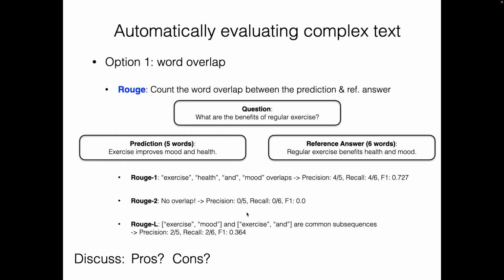It's also not robust to word order, and it gives equal weight to all the words, but some words are naturally more important. Yeah, that's good too. So equal weight to all the words, and it's not very robust to word order.